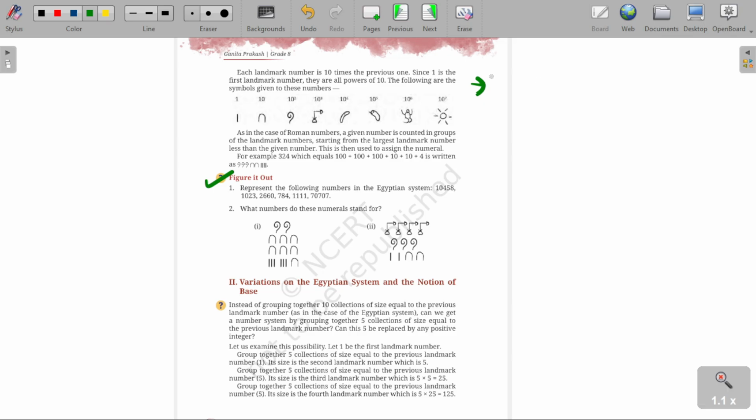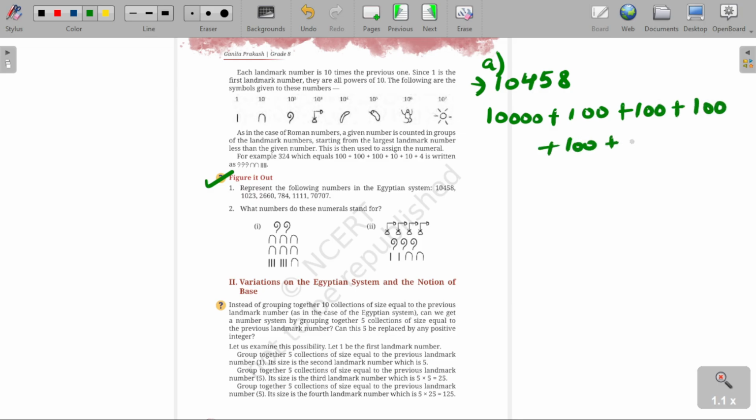Fine. I'm doing the first two questions for you. 10458 is the first part of this question. And how to elaborate it? See, 10,000, fine, plus 100 plus 100 plus 100 plus 100, plus 10, 10, 10, 10 and 10, and then lastly 8.